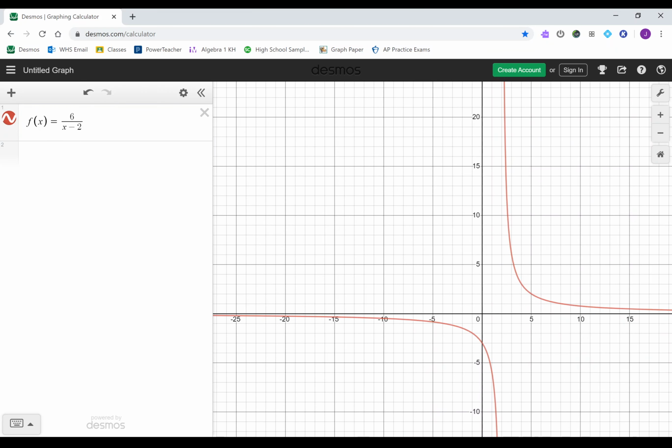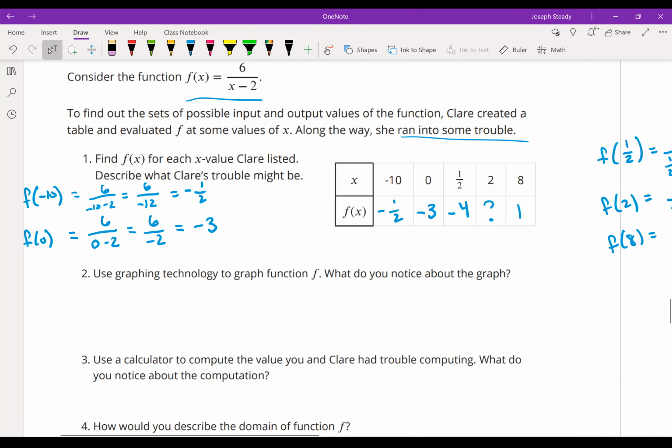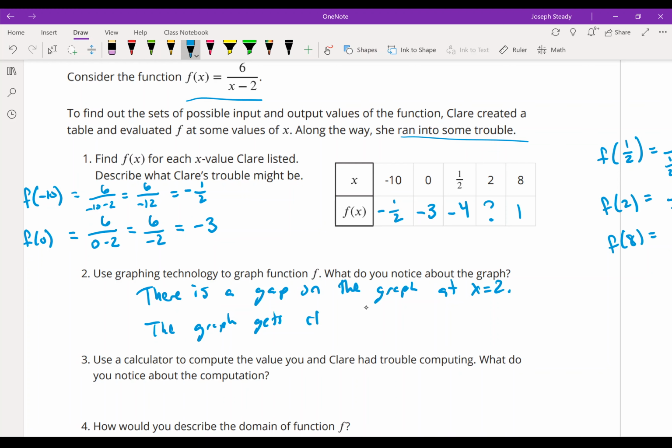So it's almost like there's this gap on the graph at x equals 2. The graph gets close but never touches it. So that's another interesting feature there.